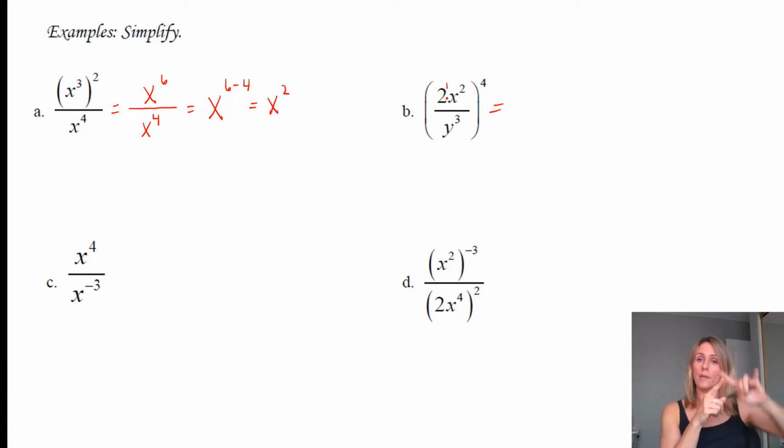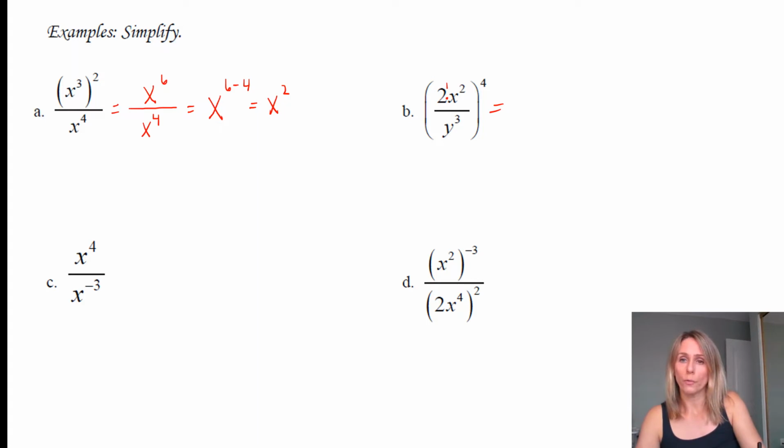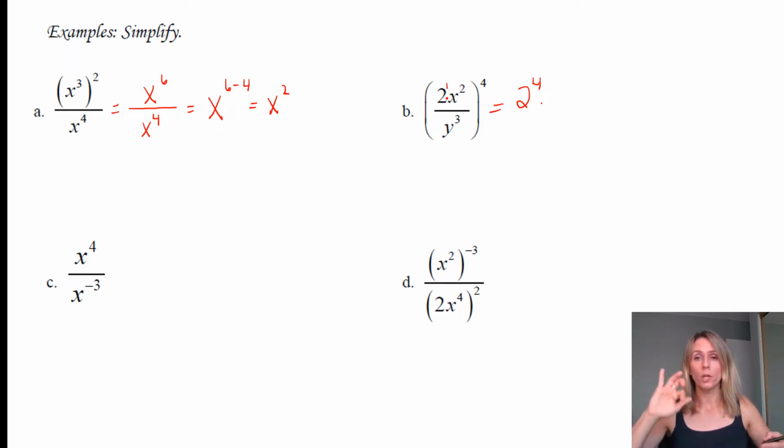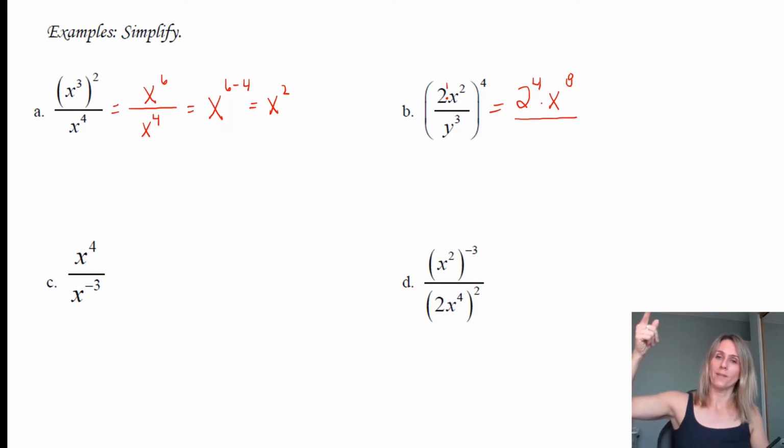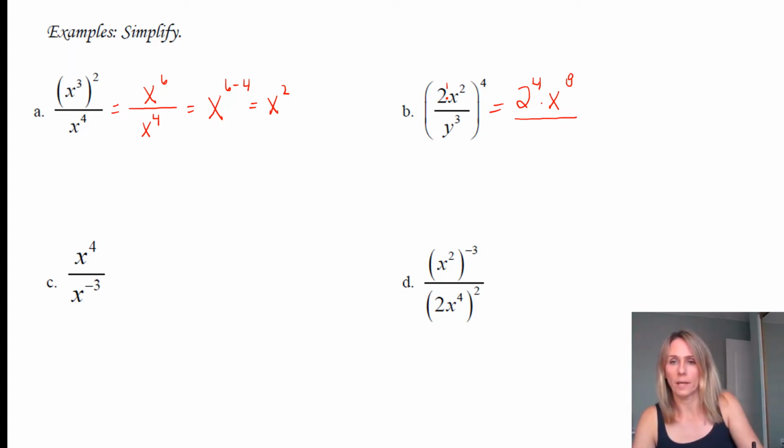When you're raising a power to a power, you're going to multiply. So we have 2 to the 1st to the 4th. So that's 2 to the 1 times 4, or 2 to the 4th. Then you have x squared to the 4th, and again, we're just multiplying 2 times 4 to get 8. And then in the denominator, we have y cubed to the 4th, so we want to make sure we multiply 3 times 4. And that's going to give us y to the 12th.